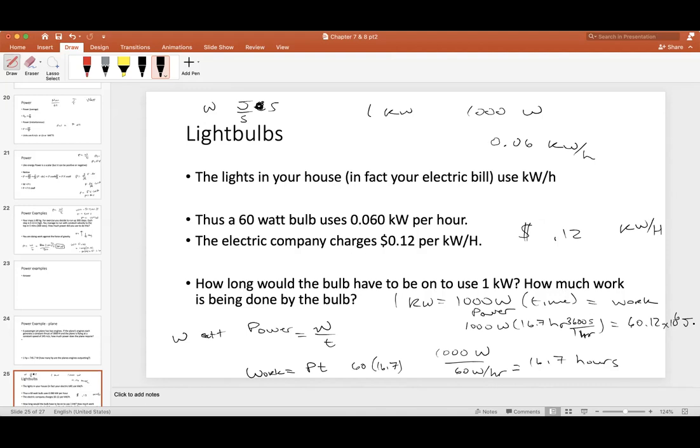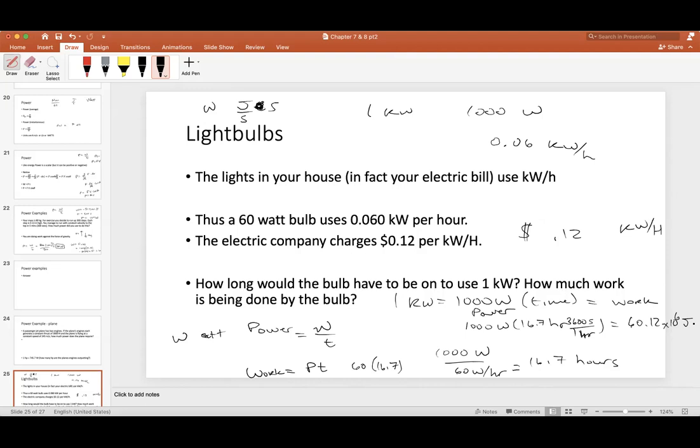Okay, that's 60 million joules of energy, or 60 megajoules of energy would be used by that light bulb in the 16.7 hours. That's a lot of work.